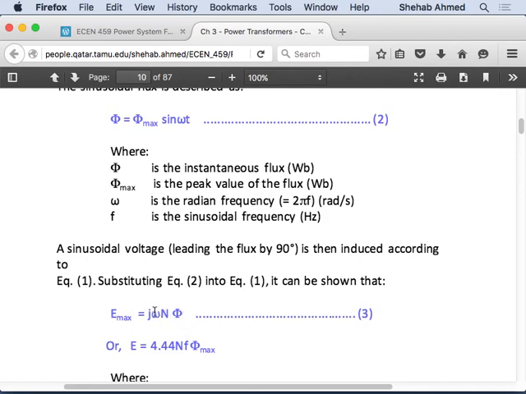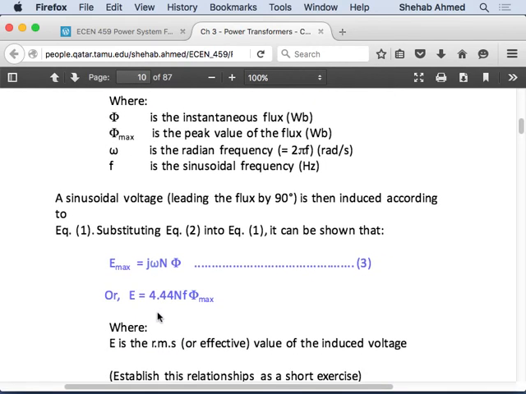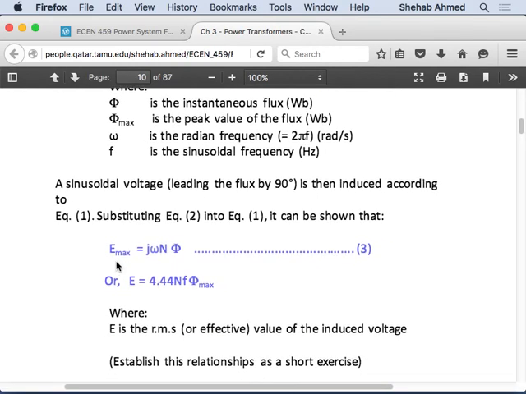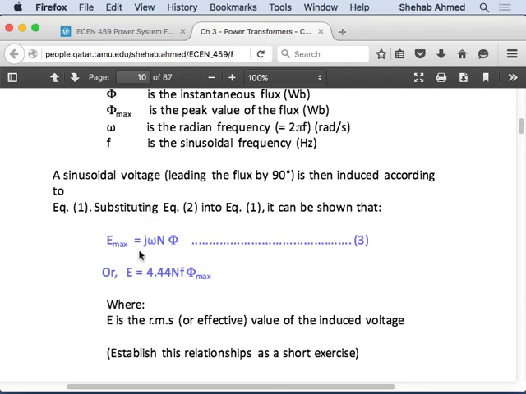If you want to write this in RMS form, E is divided by square root of 2, so you divide this 2 pi by square root of 2. So 2 times 3.141 divided by square root of 2, you will get 4.44, right?